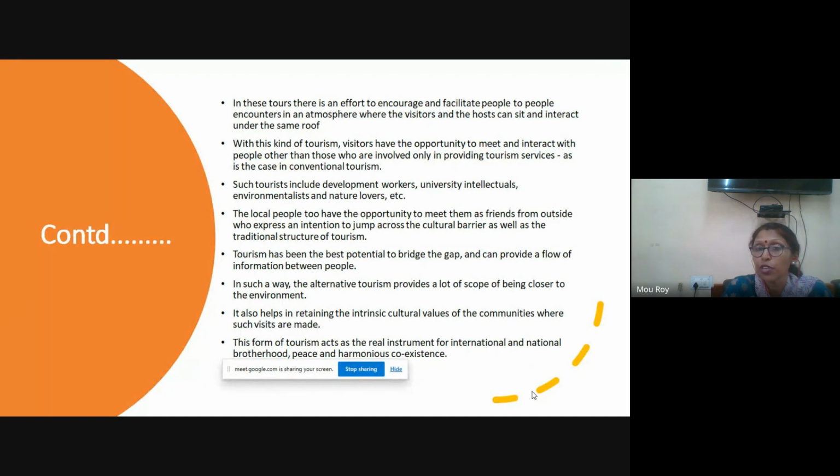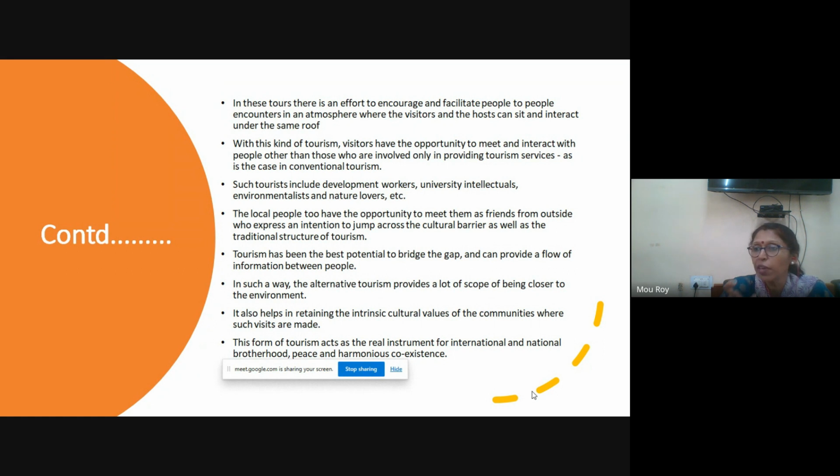Tourism always acts as a catalyst to bridge the gap and can provide a flow of information between people. In such a way, alternative tourism provides a lot of scope for being closer to the environment.